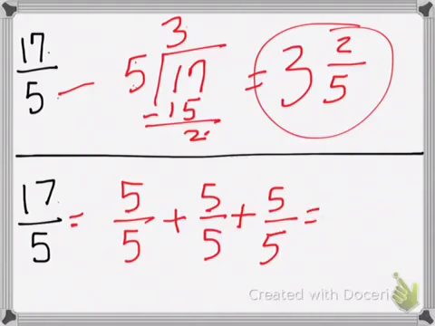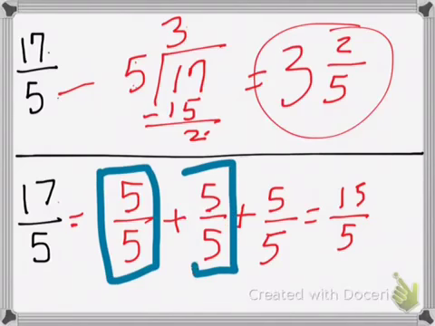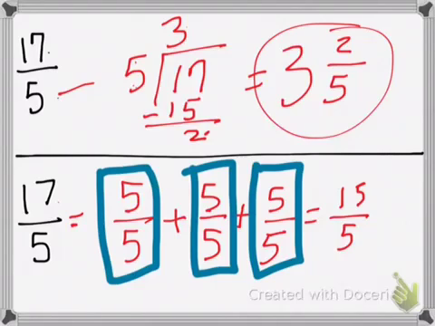So this is 15 fifths. And I would need 2 more to make 17. So the way you can look at it is this is one whole, this is one whole, and this is one whole. Okay, so that makes 3. Wait, let me back up. Let me erase this so you don't get confused.